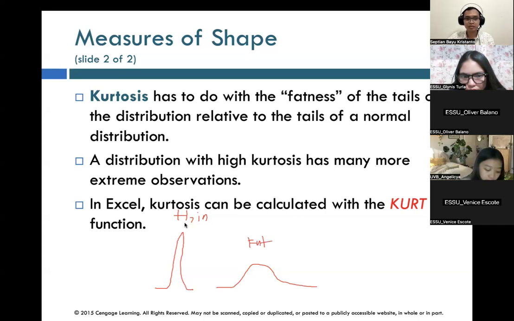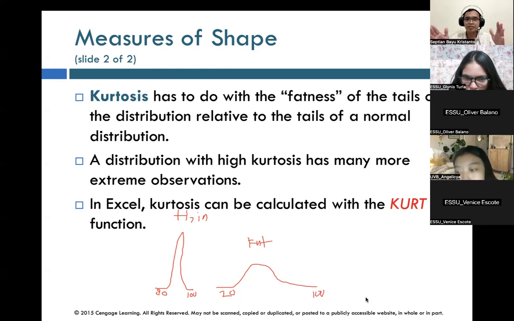If you have kurtosis with thin data, it means your scores may be in a short range. Let's say the highest score is 100, but the minimum score may be 80. But if you have the fat kurtosis, your scores will be spread out, maybe from 20 as the minimum score to 100 as the maximum score.